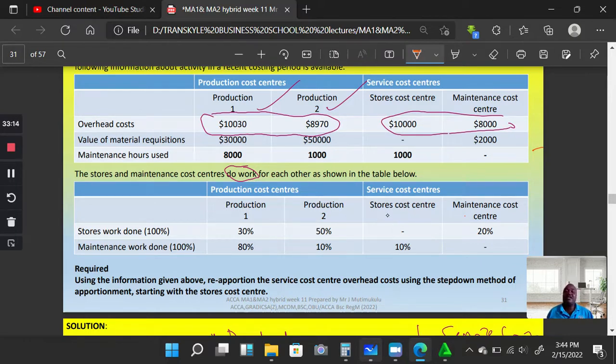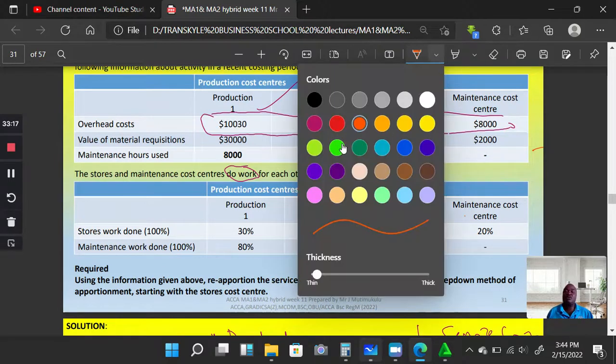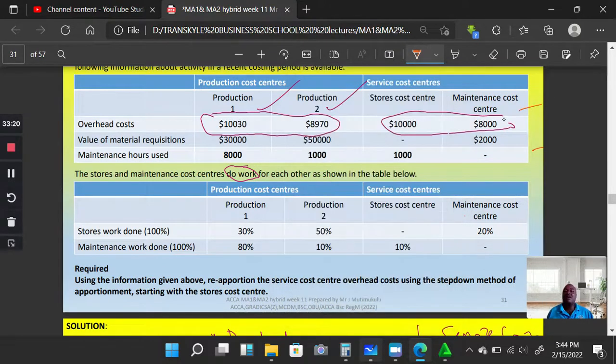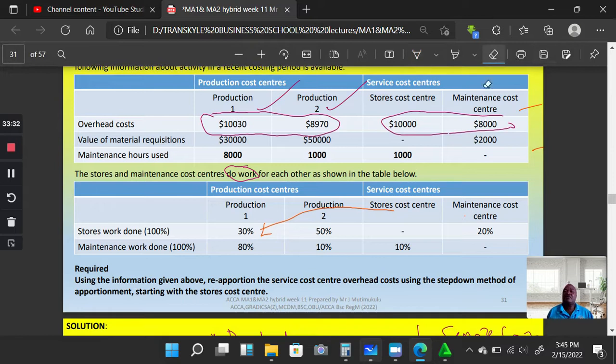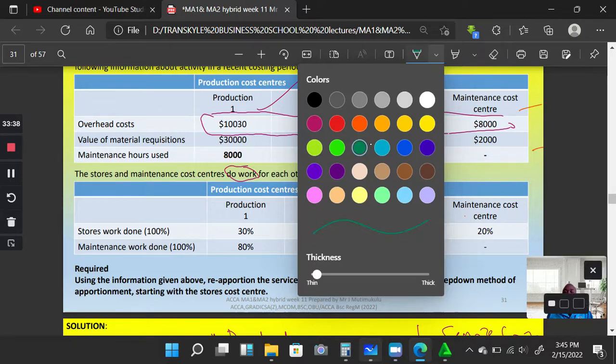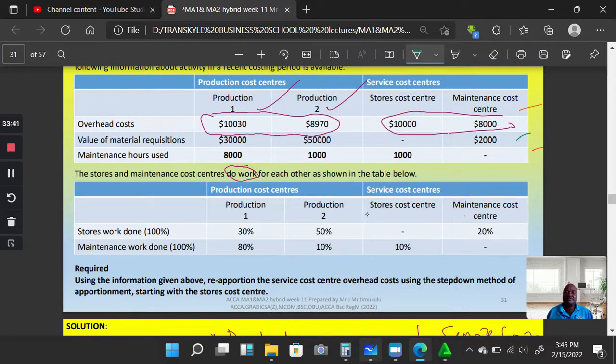And stores will candidly say, guys, listen, I was servicing production cost center 1 at 30%, production cost center 2 at 50%, and the maintenance department at 20%.